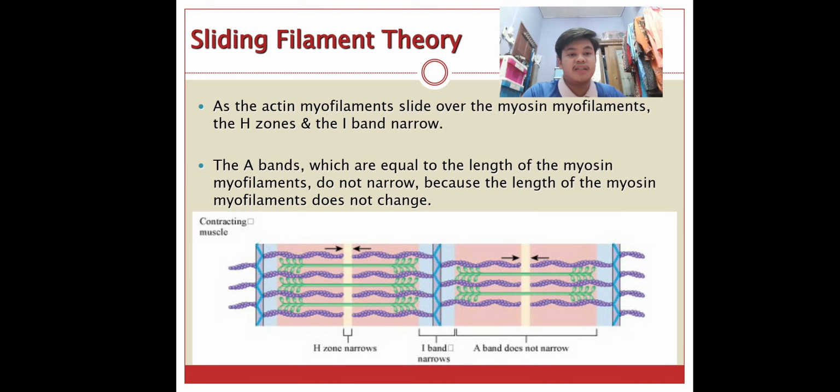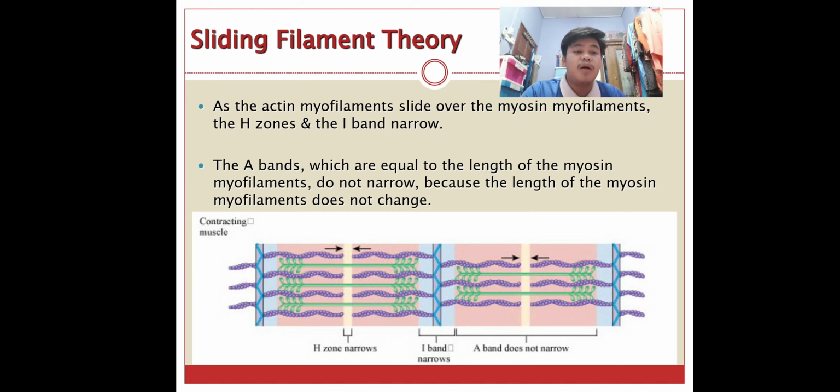Okay, this slide states that as the actin myofilaments slide over the myosin myofilaments, the H zone and the I band start narrowing. It means during the contractions, the actin and myosin myofilaments start to slide over each other. So the H zone, which you can see in the slide in brown color, starts to narrow, and the I band also starts to narrow because during contractions our muscles start to shorten.